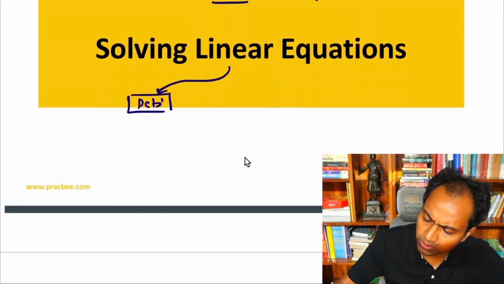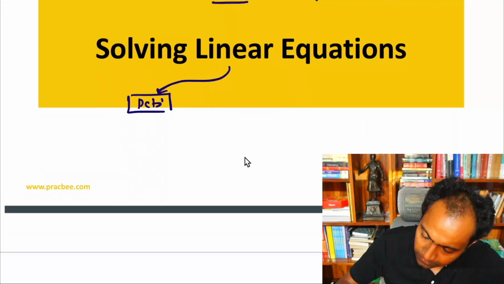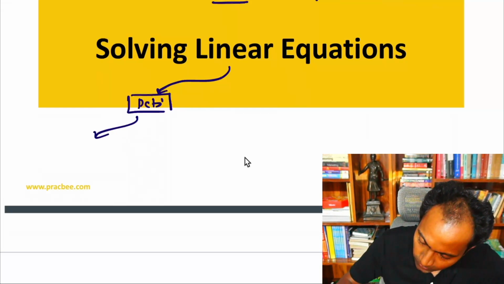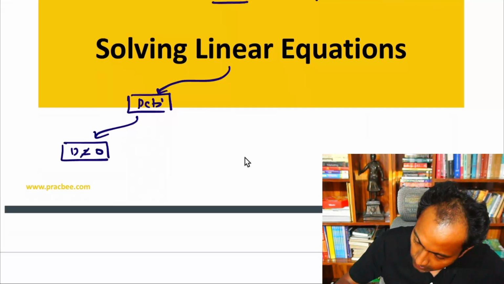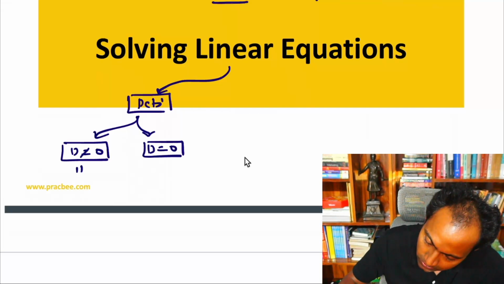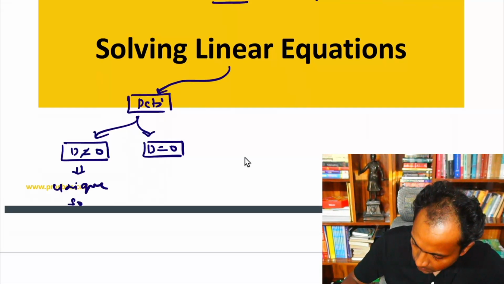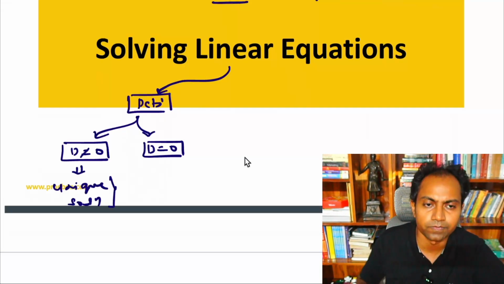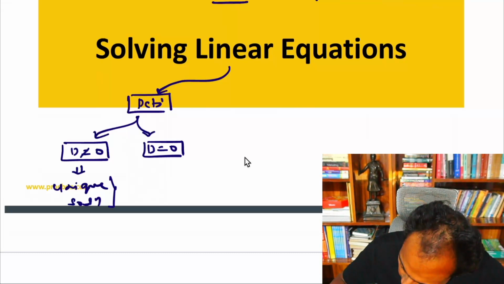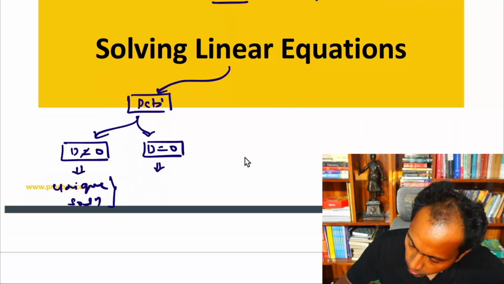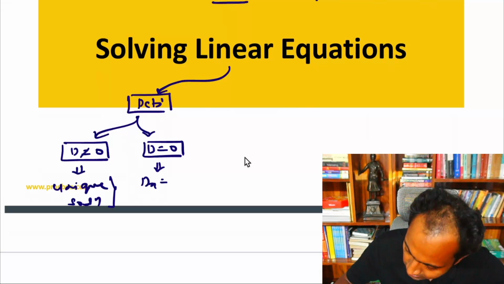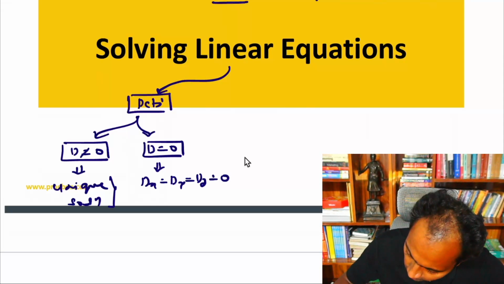Once you have done so, the determinant method says that there are two cases possible. One, D is not equal to 0. Another one is D is equal to 0. If the first one happens, we are going to have a unique solution. But if the second one happens, then we are going to have two more things that we need to look into. First is either Dx, Dy, Dz are all equal to 0.